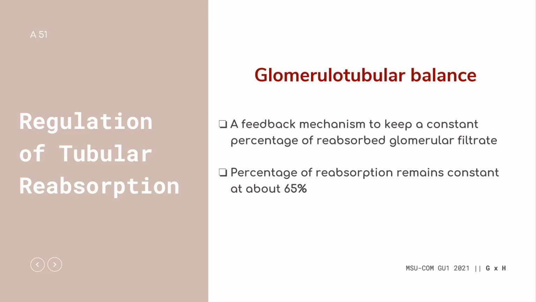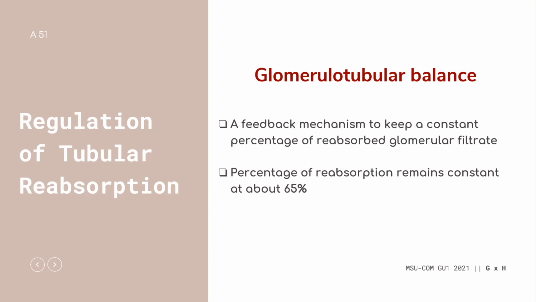The glomerulotubular balance is a feedback mechanism to keep a constant percentage of reabsorbed glomerular filtrate. The change in glomerular filtration rate causes a proportionate change in the proximal tubule reabsorption of solutes and water. That is to say, the percentage of reabsorption from the GFR usually remains constant at approximately 65%.